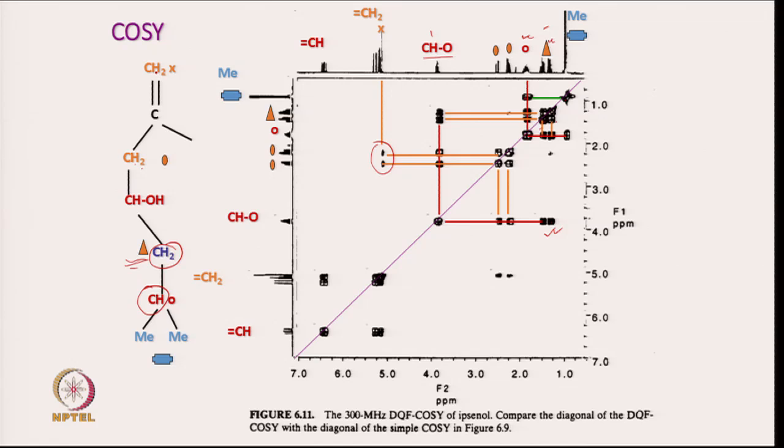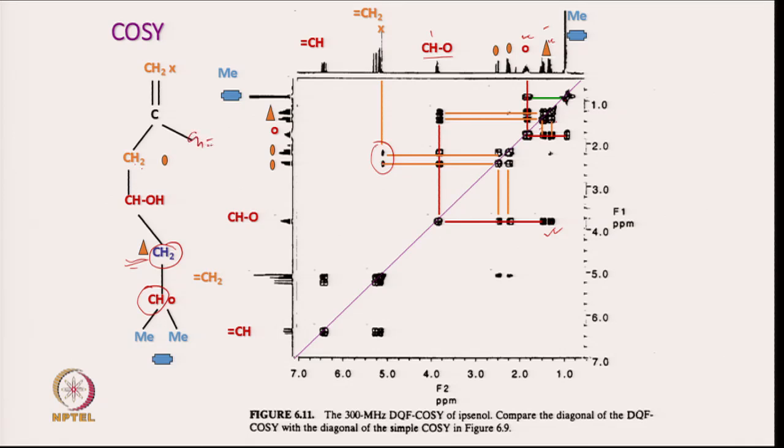This CHO is correlated to this double bond CH2, and this is a weak peak because it is 2 bonds apart. This CH2 and this CH2 are 2 bonds apart, and so a very weak peak will be seen.